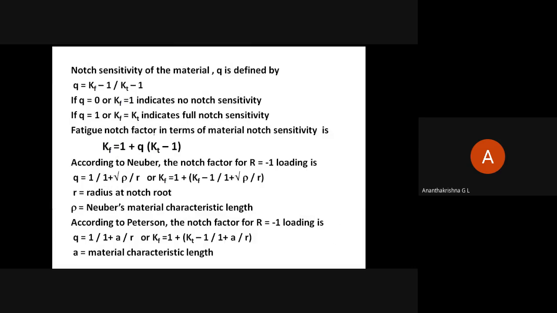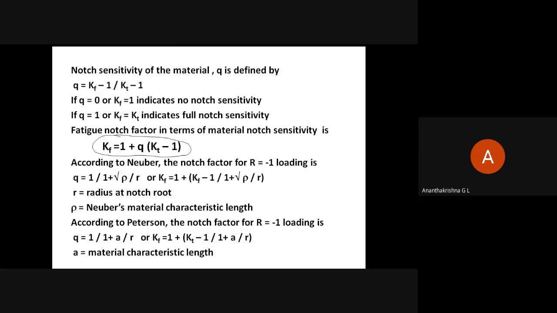You remember this equation again? If you have done fatigue strength in your DME1 of fifth semester, you remember this equation. The fatigue stress intensity factor is equal to 1 plus Q into the theoretical form factor minus 1.